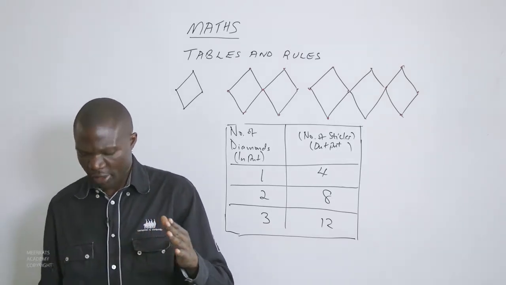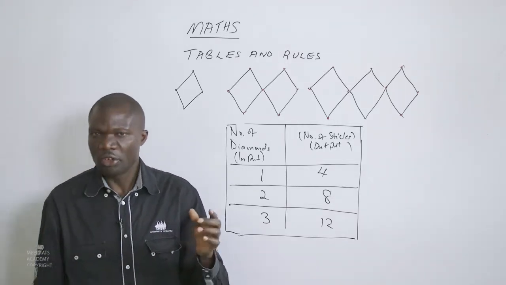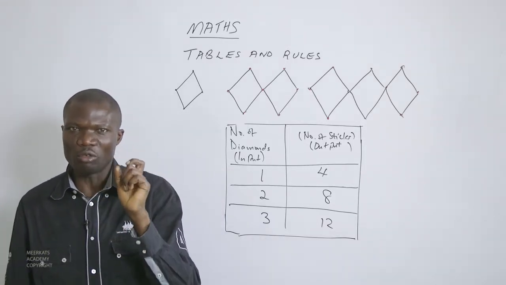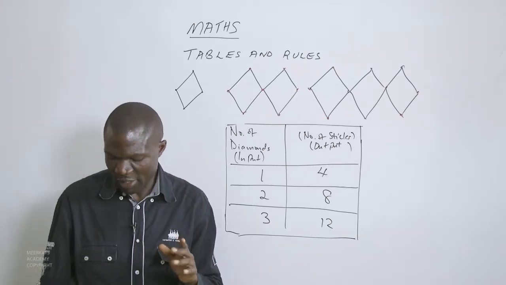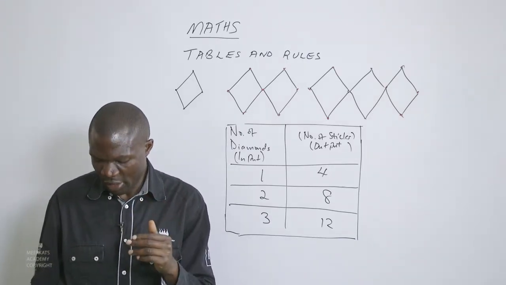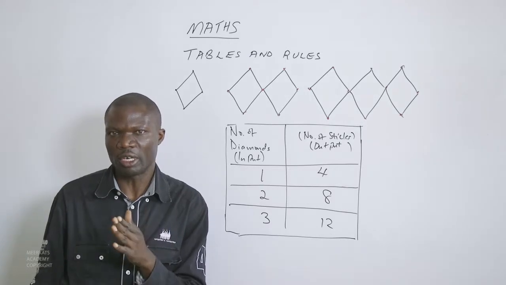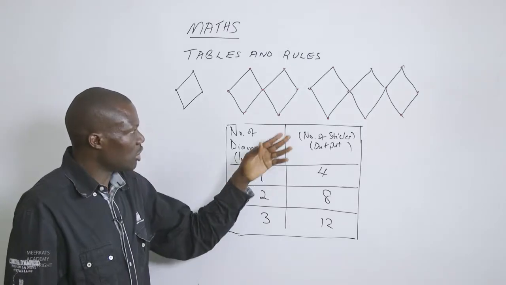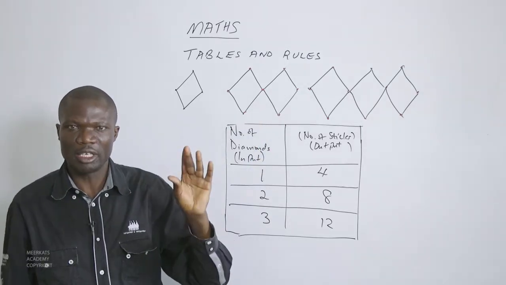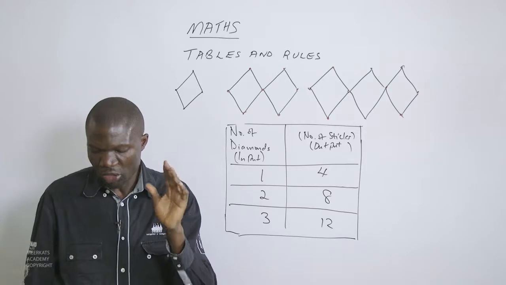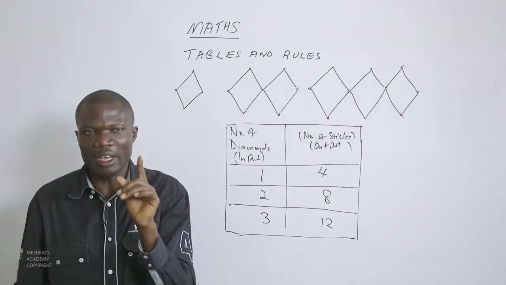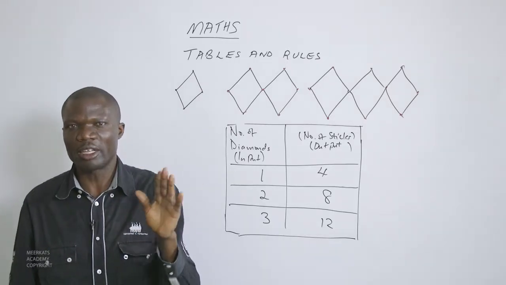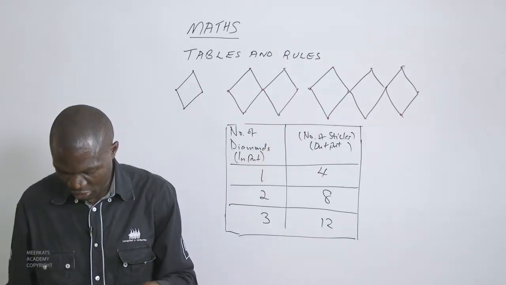Now here, the number of sticks is equal to the number of diamonds multiplied by the number of sticks per diamond. I'll repeat. The number of sticks for every pattern is equal to the number that makes one diamond, in this case 4, multiplied by the total number of diamonds.